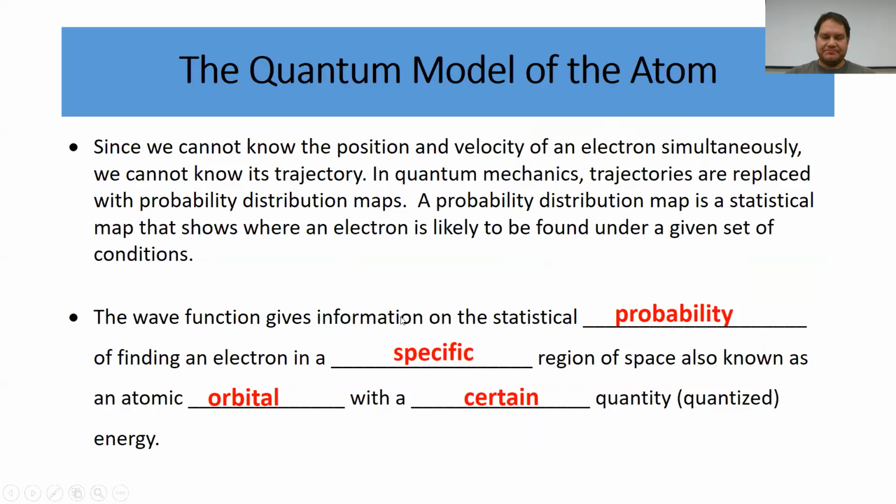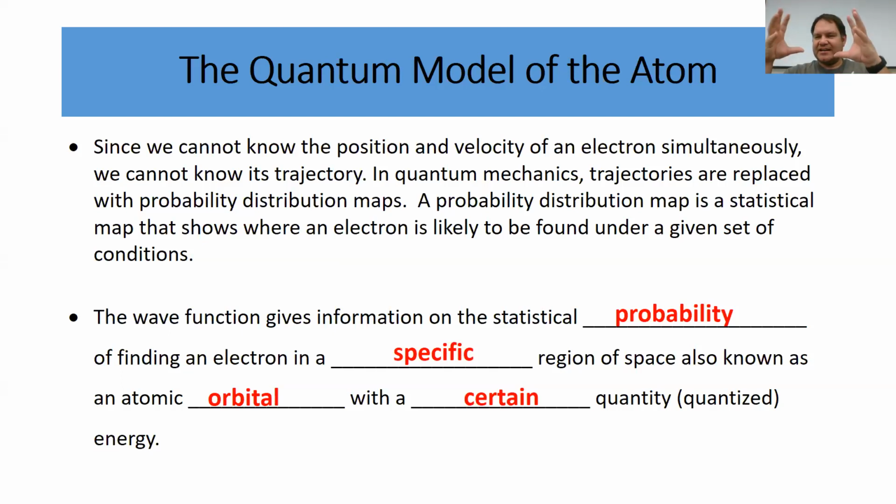and finish this up. So in summary of all of that, the wave function gives us information on the statistical probability of finding an electron in a specific region of space in the atom, okay? A specific region of space in the atom. Now, this region, you just saw, we take the data from the graph and from the equations, and we can draw a picture of it.